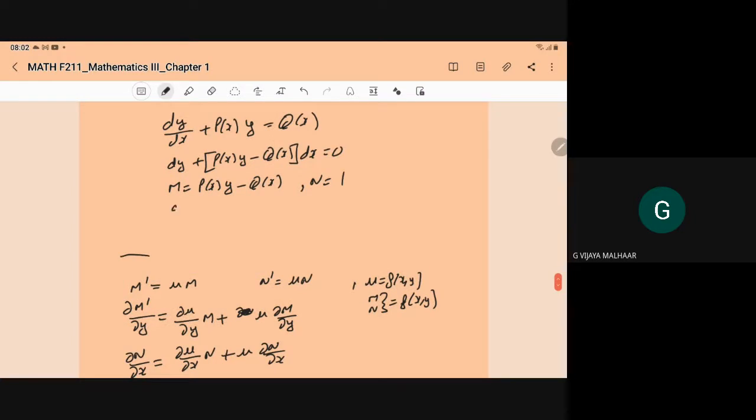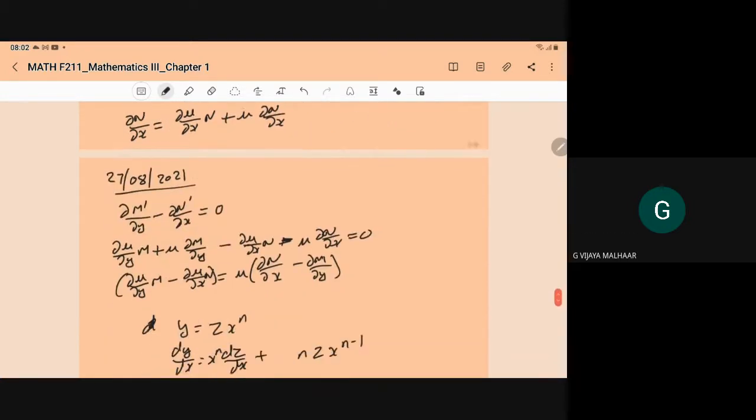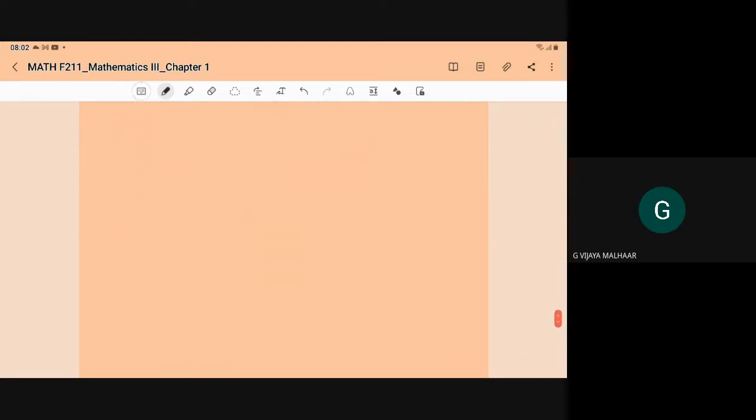If you compute del M by del y, it will come p(x), and if you compute del N by del x, it will come 0. So from there you can see that del M by del y is not equal to del N by del x. So the given equation is not exact.